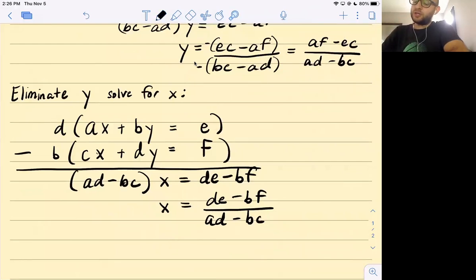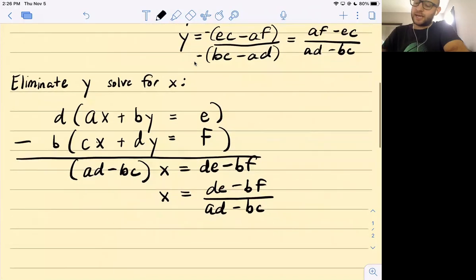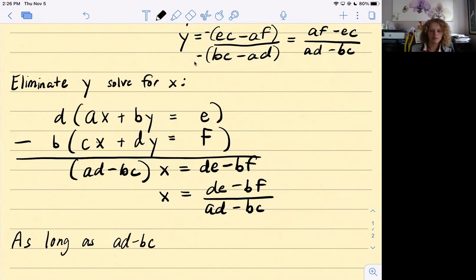A solution to this problem will exist as long as AD minus BC. Remember, what do we never want to happen in the denominator? What's the only kind of problematic thing that could ever happen in the denominator? You don't want it to equal 0.